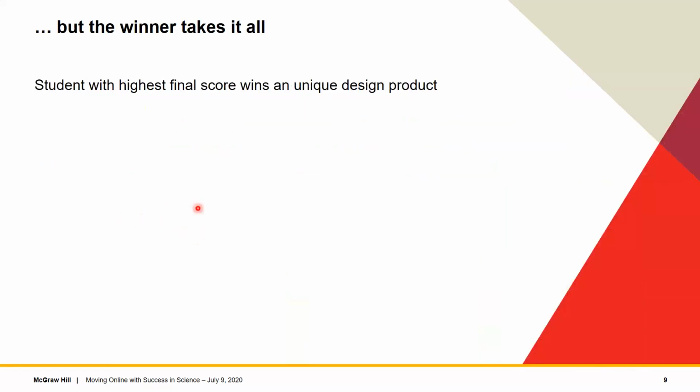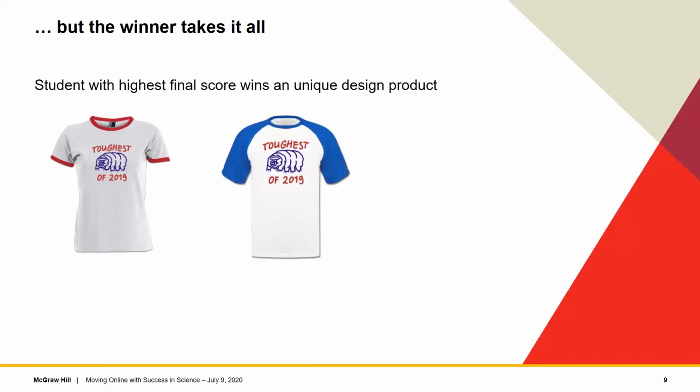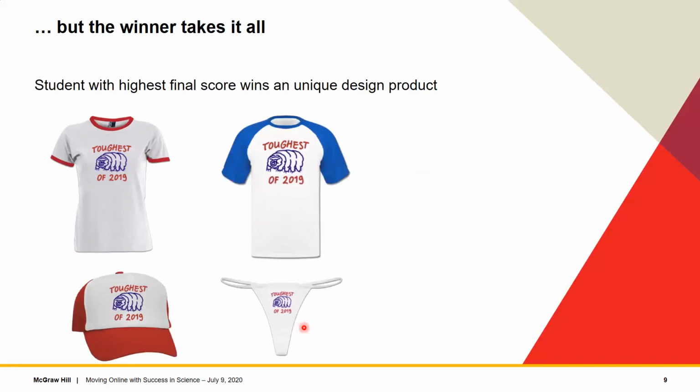The student with the highest final score can choose from a unique design product that I made myself. Students can choose a T-shirt, female or male model. If they don't like T-shirts, they can opt for a cap or a thong or an apron.